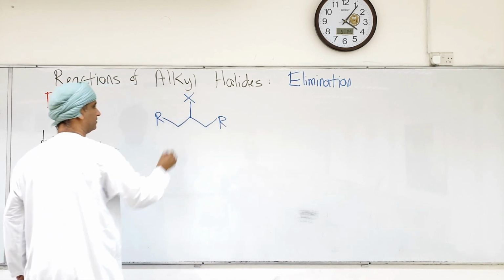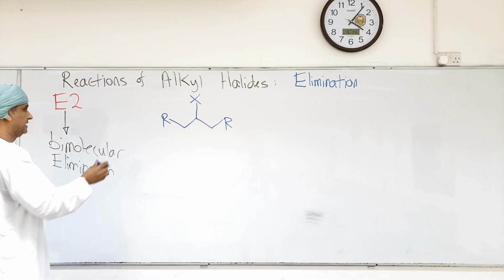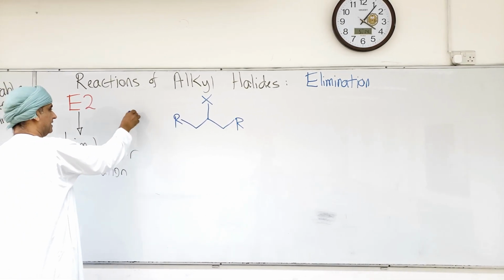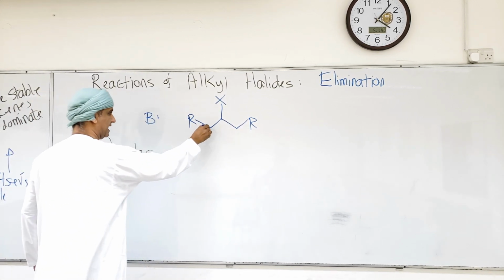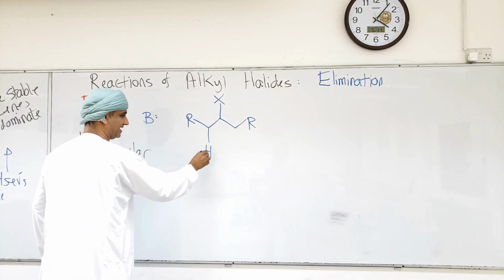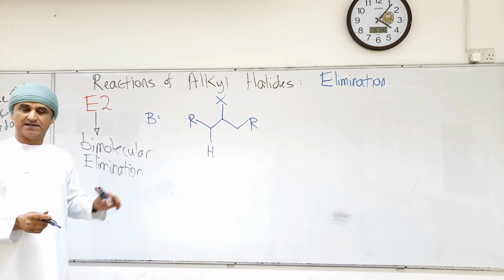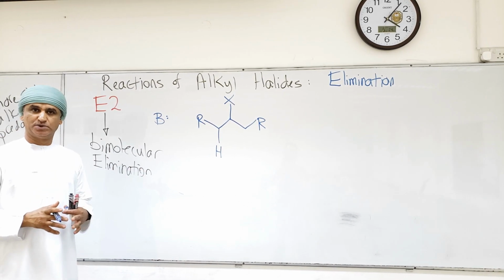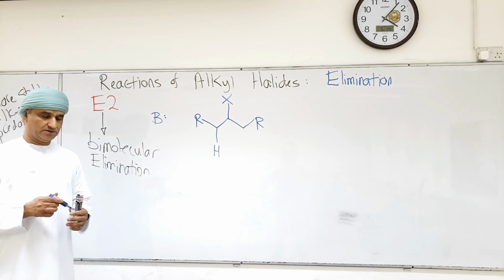Instead of X, put L as a general representation of a group that has an ability to leave. And we have here a base. And we have here a hydrogen. Remember, as in the introductory session, the hydrogen must be present on an adjacent carbon for the elimination reaction to take place.